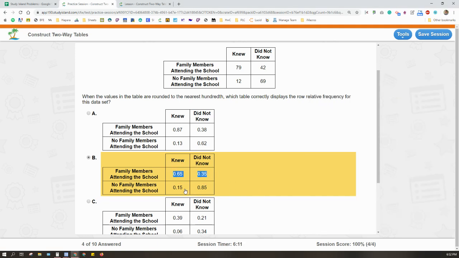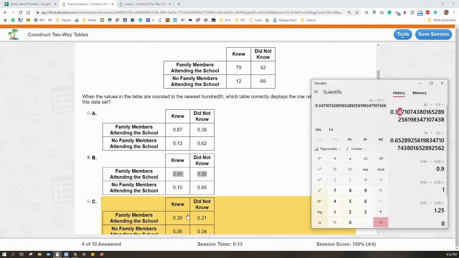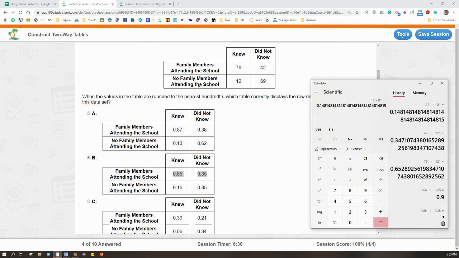The next one, 0.15 and 0.85. 12 knew there was a championship game and had no family members attending the school. 69 did not know there was a championship game and had no family members attending the school. So how many people did not have family members attending the school? 12 plus 69 is 81. So 12 divided by 81 tells us what portion of the no family members attending the school row knew there was a championship game.